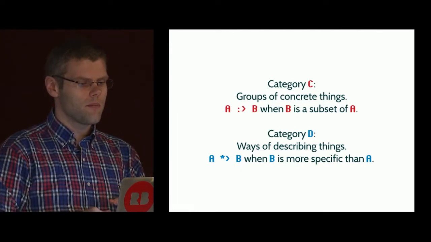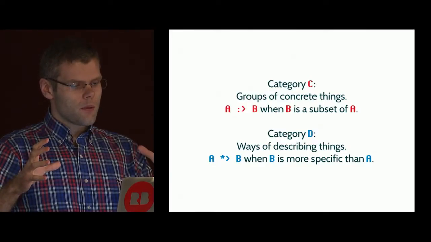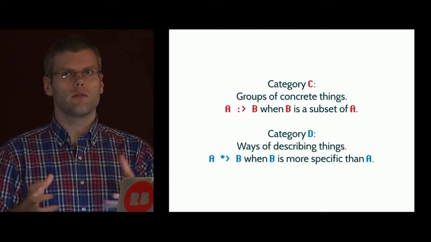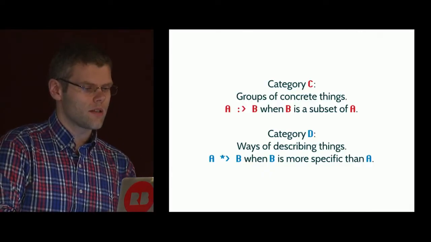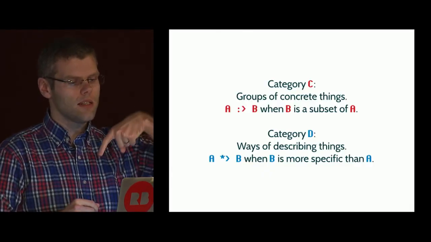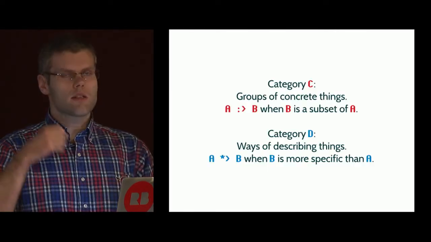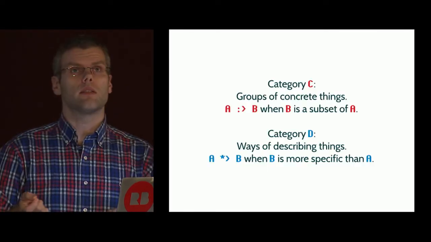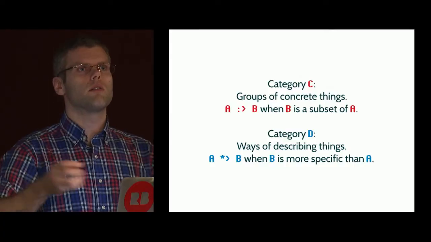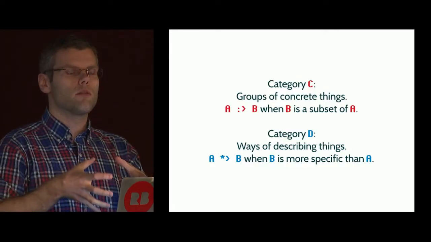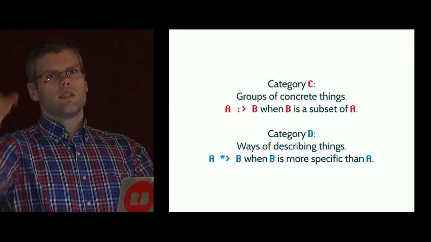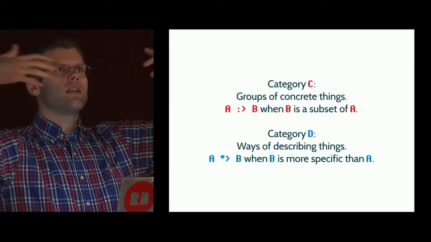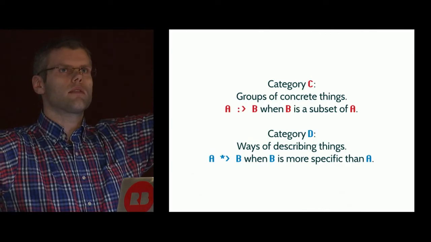This is the category C, and we want to say that there's a partial order for this category. That is, there's an arrow from A to B when B is a subset of A, right? So when B is contained in the grouping A, for example, those 2 seats over there are contained in the group of all the seats, right?